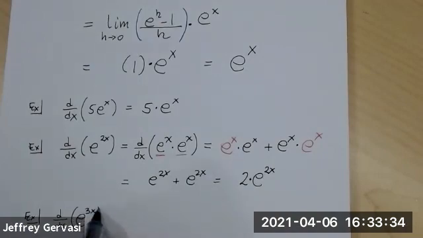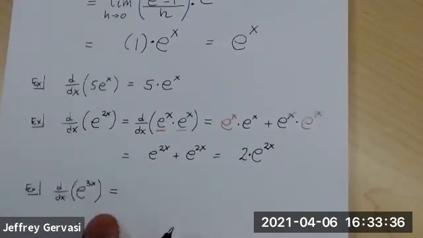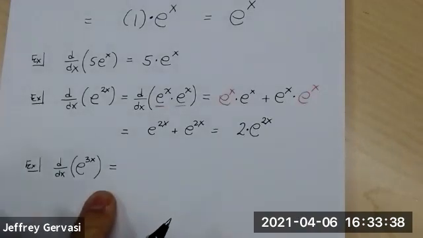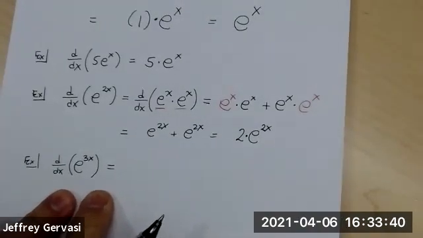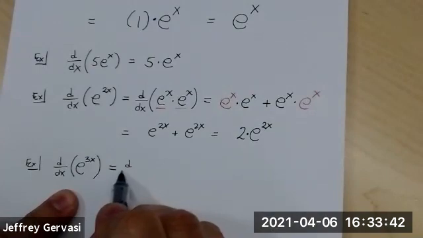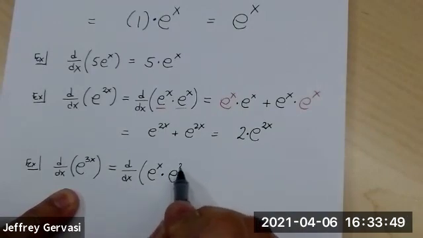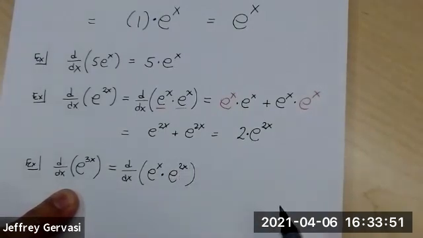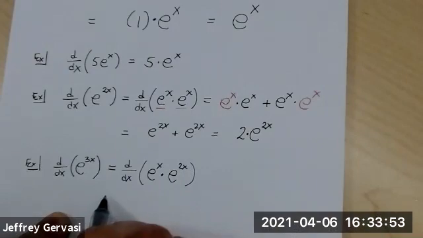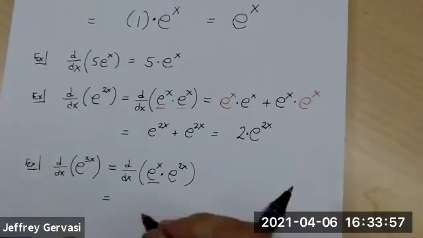What about the derivative of e to the 3x? I'll bet you know where this is going, don't you? Let's write e to the 3x as e to the x times e to the 2x by the property of exponents, and then apply the product rule again. Product rule says the derivative of the first factor times the second.